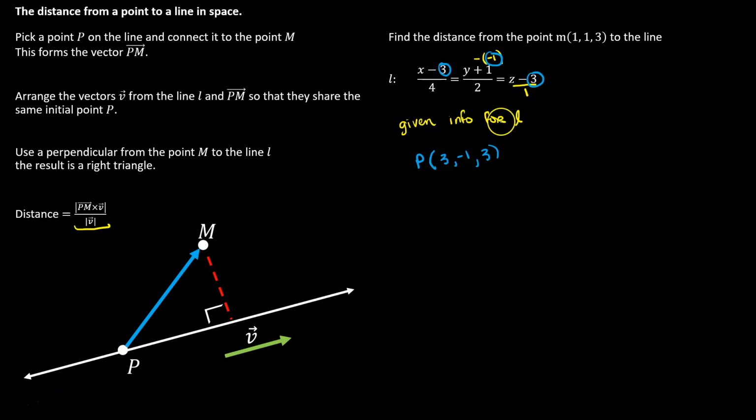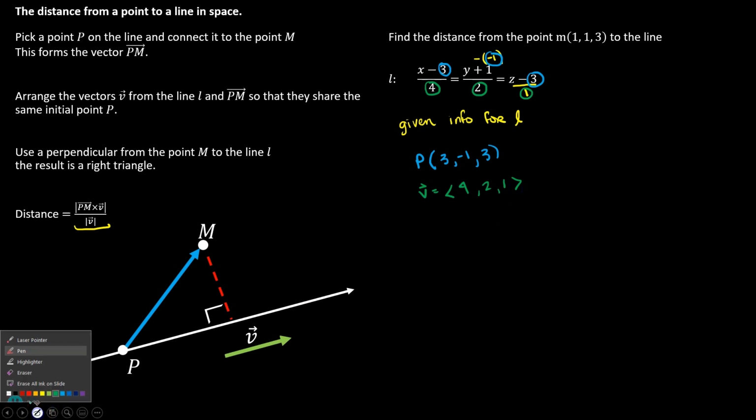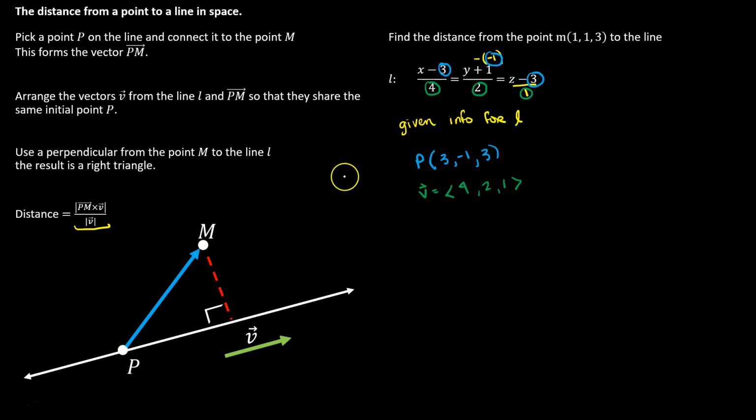And then the vector v, remember that those components come from the denominator, so the components of v will be 4, 2, and 1. Now that we have that, we can start to calculate the vector pm, and then we can do the cross product, find the magnitude, and so on. So let's go ahead and find the vector pm next.